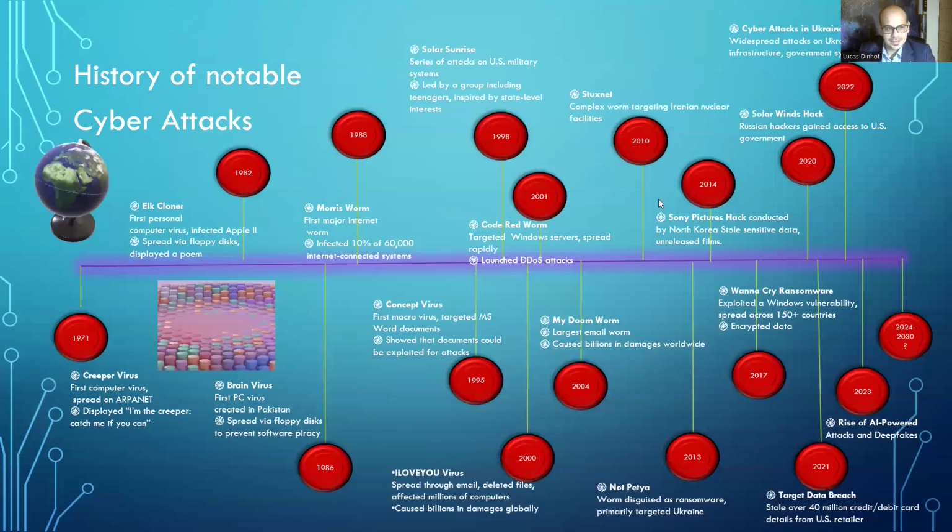On this slide, you can see notable cyber attacks. The first one, already in the year 1971, was the Creeper virus. It actually spread over ARPANET, not the internet, and it displayed a message, "I'm the creeper, catch me if you can." It was a computer virus. The first computer worm that appeared on the internet was the Morris worm.